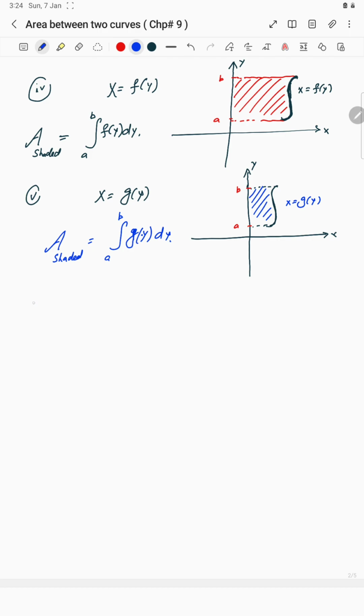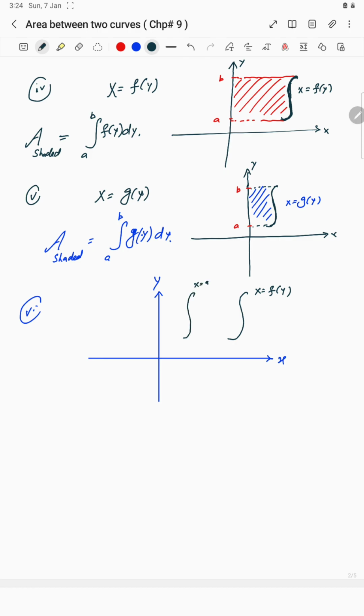Suppose we are taking the final case, then we have two curves, with the x-axis and the y-axis. One curve is x equal to f of y and the other is x equal to g of y.